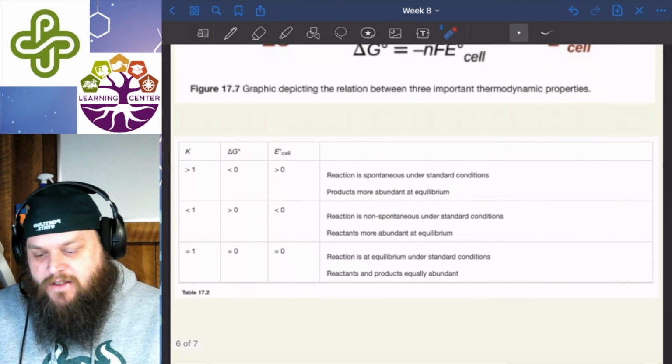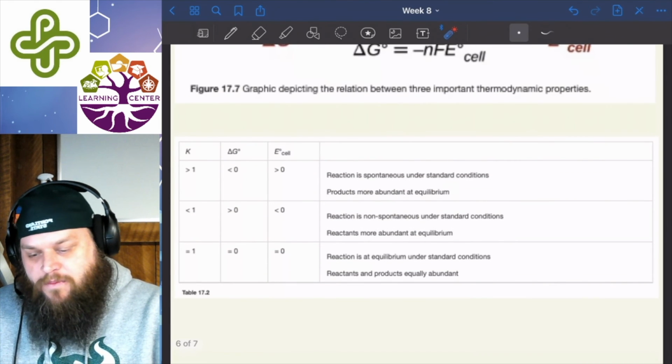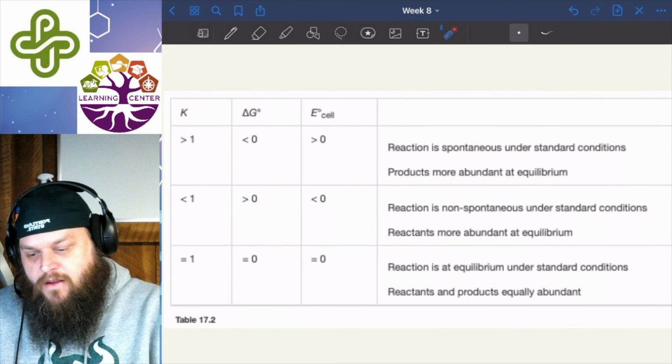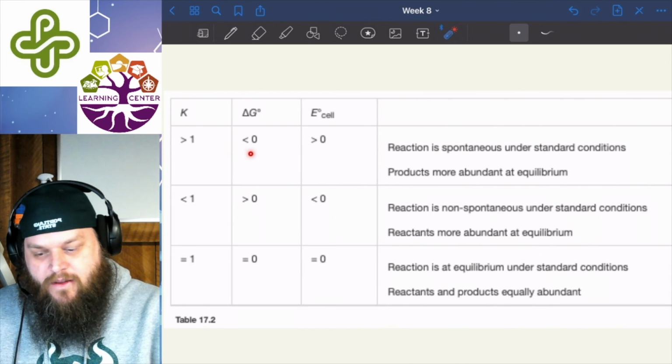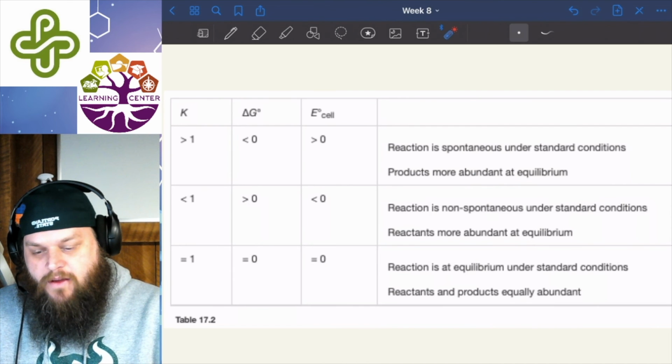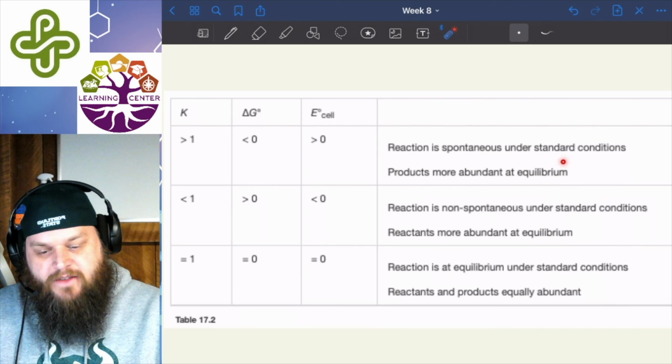There's also this nice table when they talk about the relative nature of these. If K is greater than 1, and if delta G is less than 0, or if the cell potential is greater than 0, the reaction is spontaneous under standard conditions. The products are going to be more abundant at equilibrium.